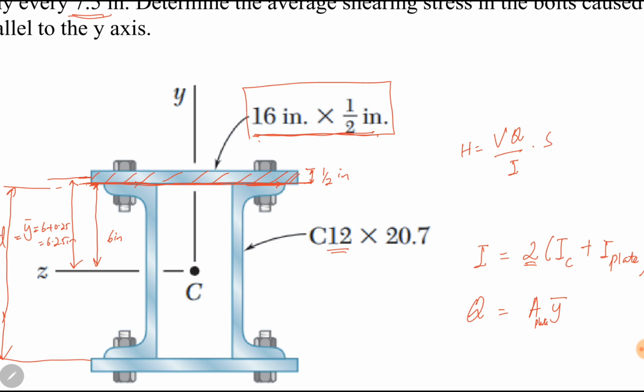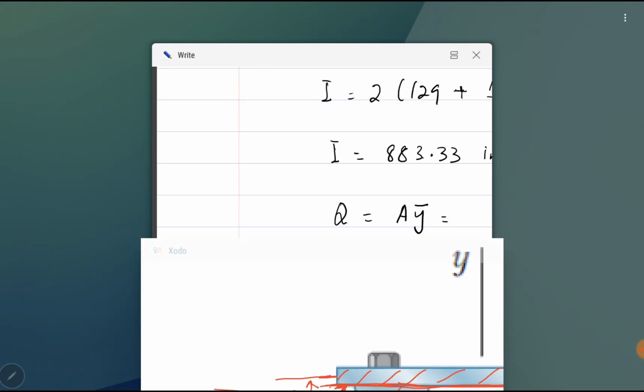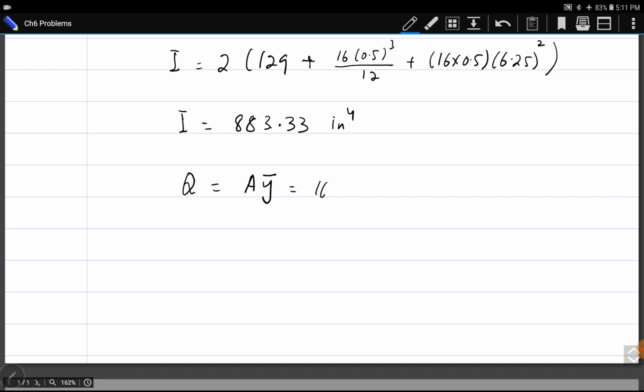So above this, the area of the plate is 16 into half inch, and Y dash is 6.25 inches. So Q will be 50 cubic inch. Okay, we have calculated Q as well.